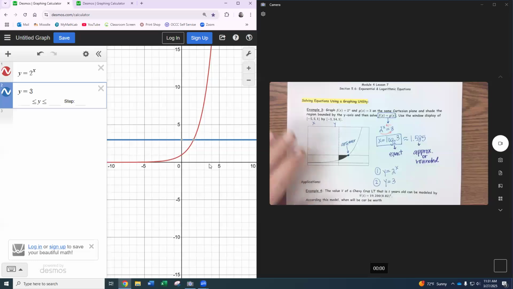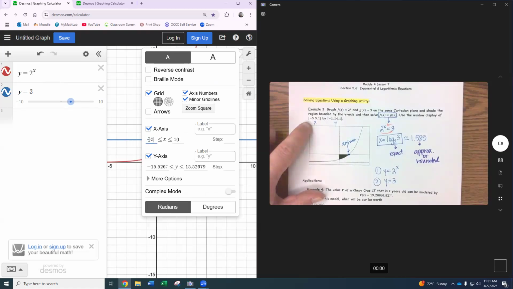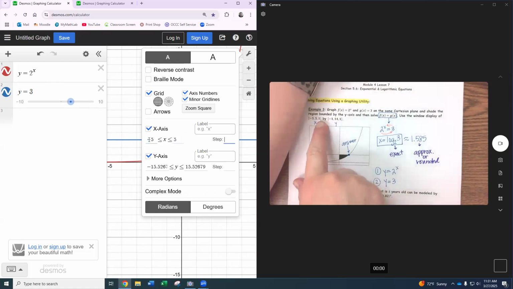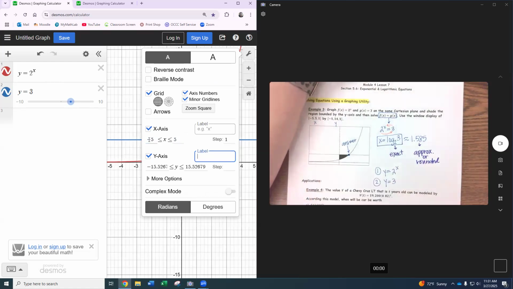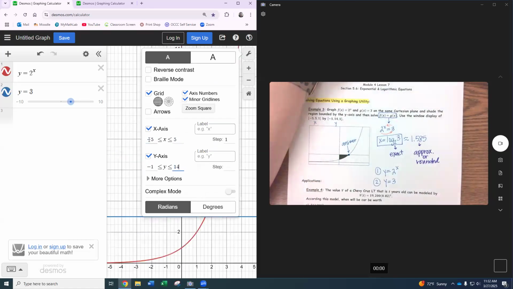Now again, if I want this to match exactly, we're going to use this window here. So they want us to go from -5 to 5 with a step of 1. And then we're going to go -1 to 14 also with a step of 1. And I don't like these minor grid lines, so I'll get rid of those.